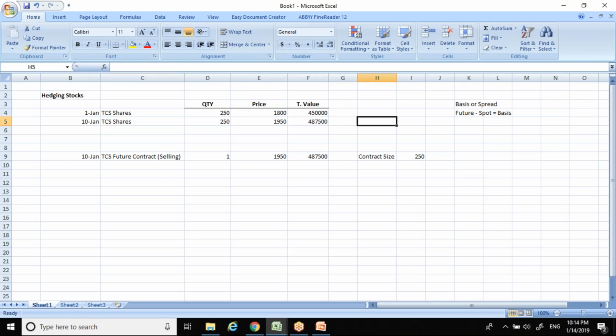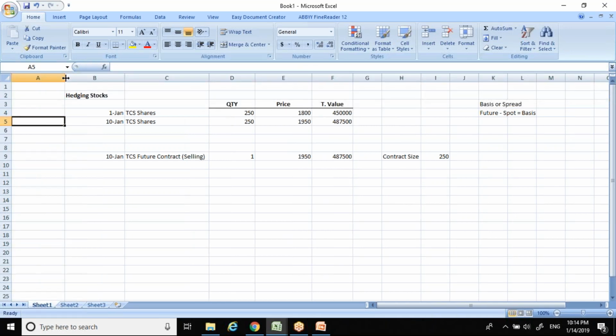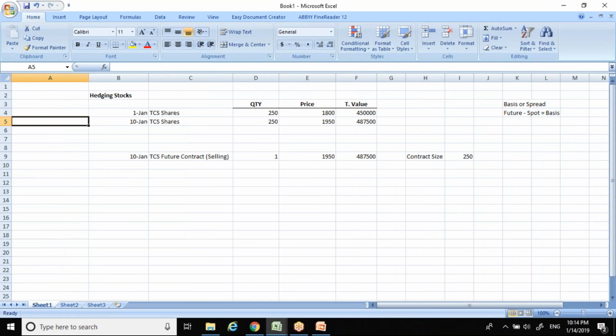So look at this, you have a long position in shares, right? And you have a short position in the future contract. So we have long and we have short. So both together is basically called a hedged position.